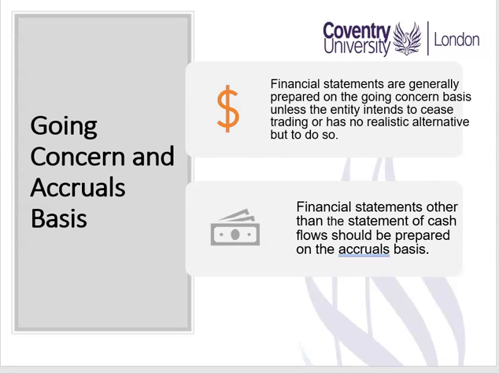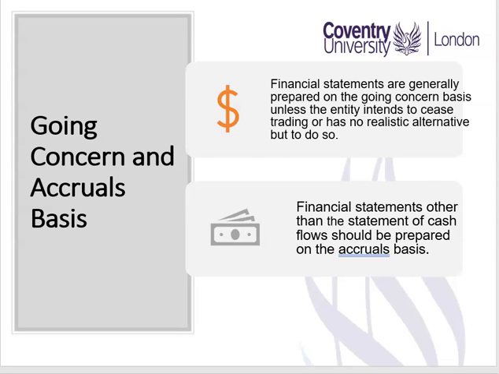For the accruals basis, financial statements other than the statement of cash flows should be prepared on the accruals basis. What this simply means is that for income, you recognize an income when that income is earned, not when you receive it. So if you make a sale of 10,000 and you've only received 8,000, you recognize 10,000 as income, not 8,000.